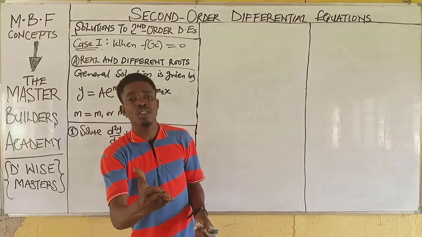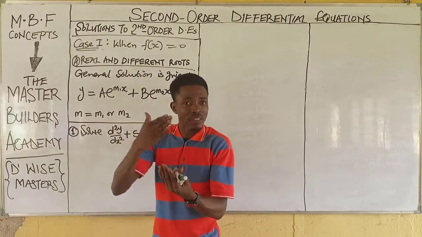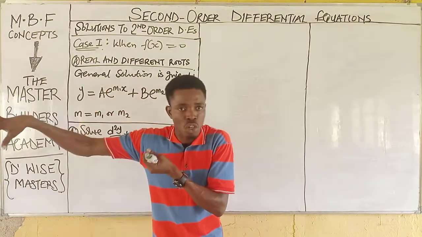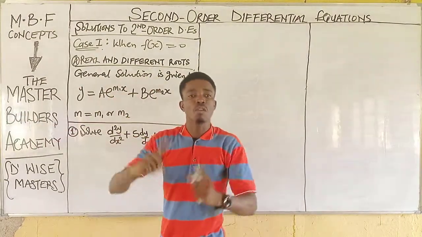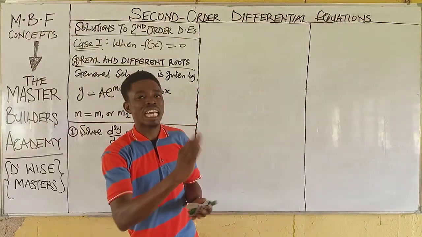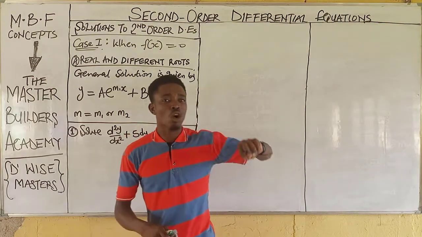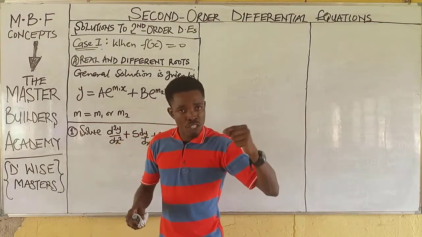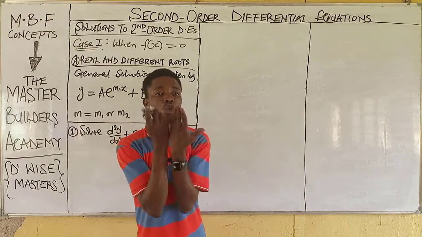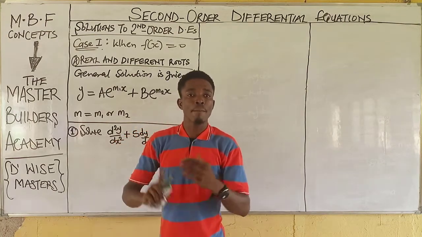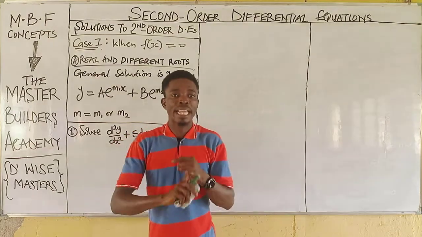So what controls the second order differential equation general solution is the roots of the equation. Since we have varieties of roots that are possible here, all we need to do is to take them case by case.